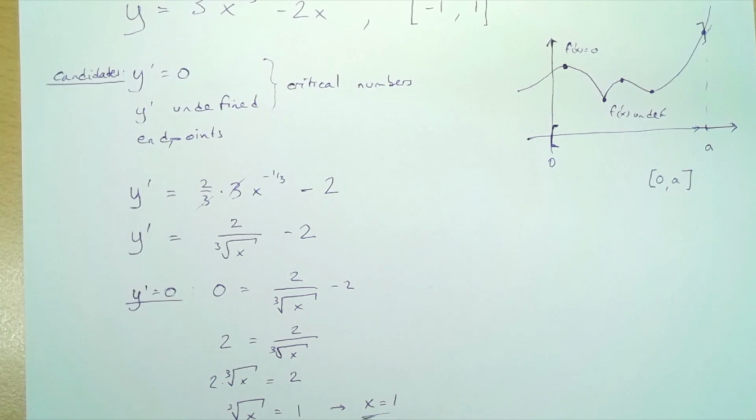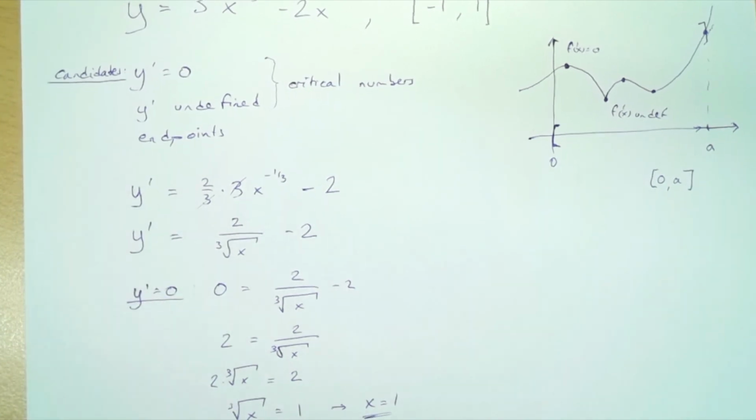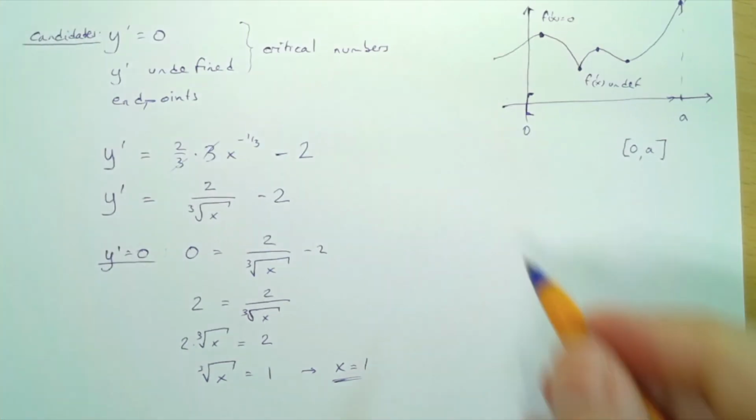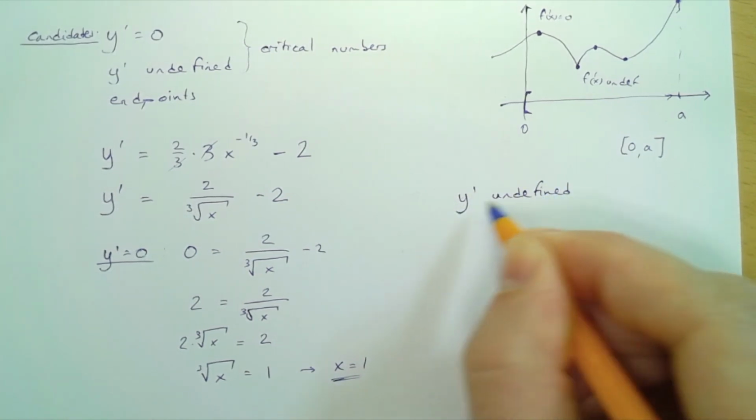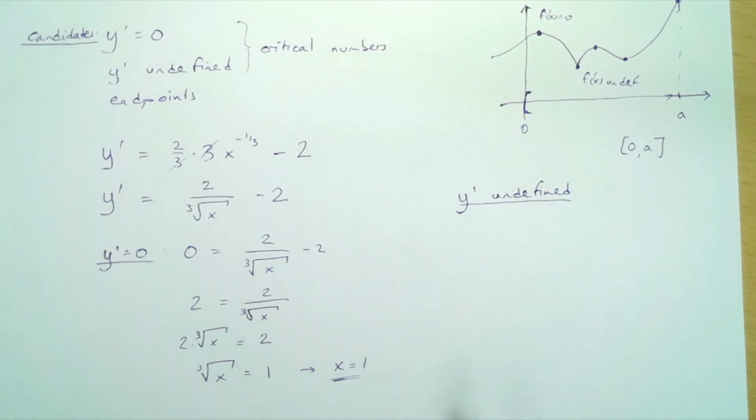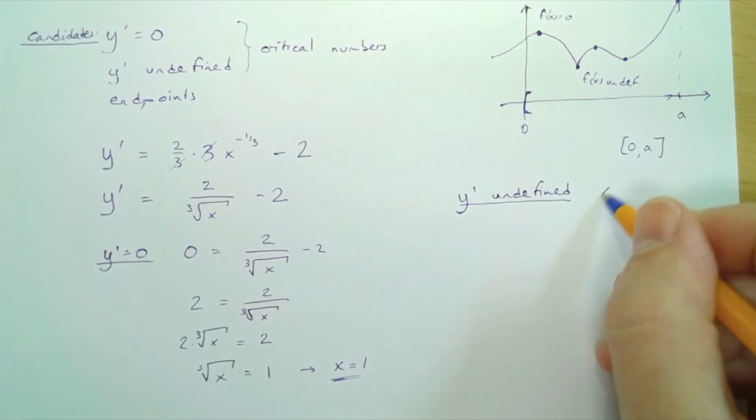So that's my first candidate. Secondly, where is y prime undefined? Y prime is undefined when x equals 0, because we would have 2 divided by 0.